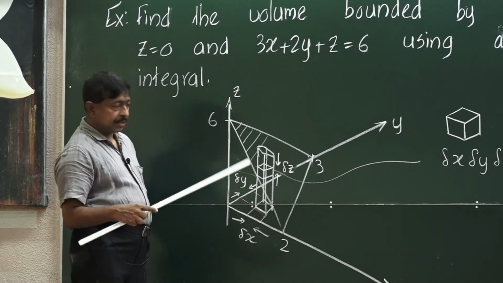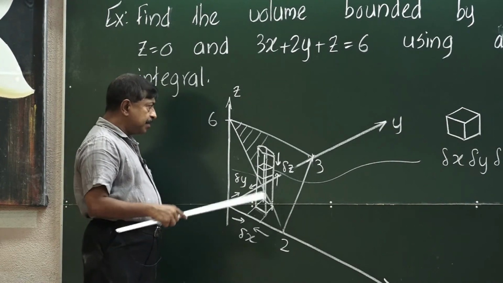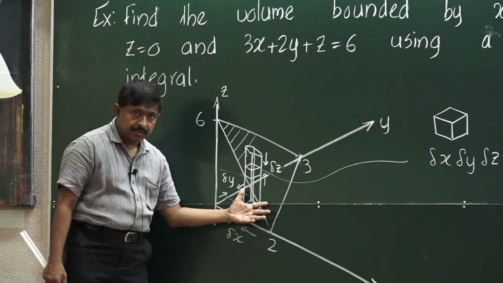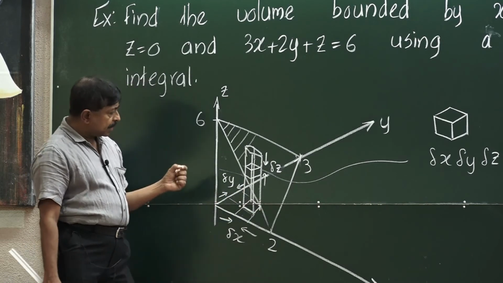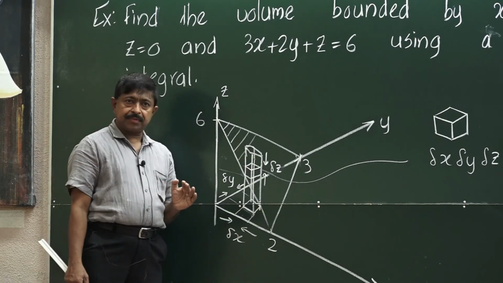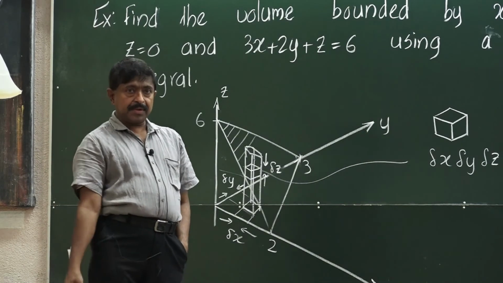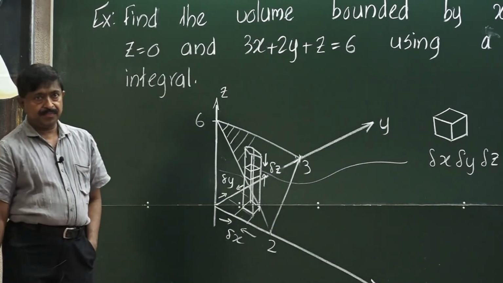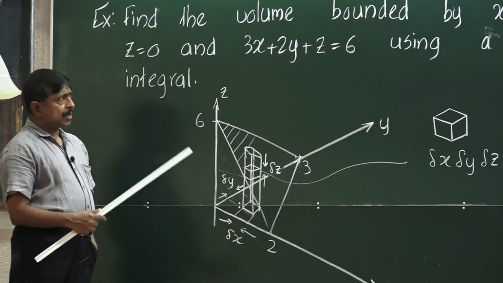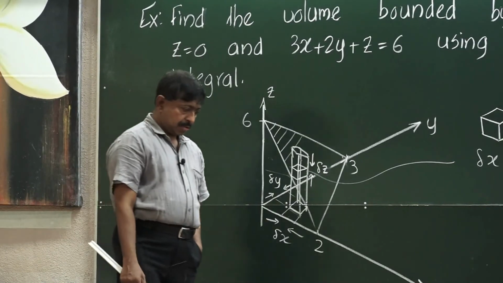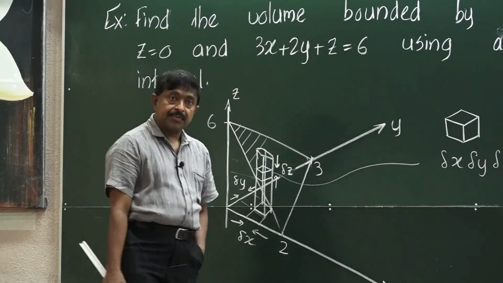We will do one problem like that in the next video, where the density of this object varies. In that event, to find the total mass, again the triple integral has some advantage over the double integral. And these types of triple integrals are very useful when we get into vector fields.